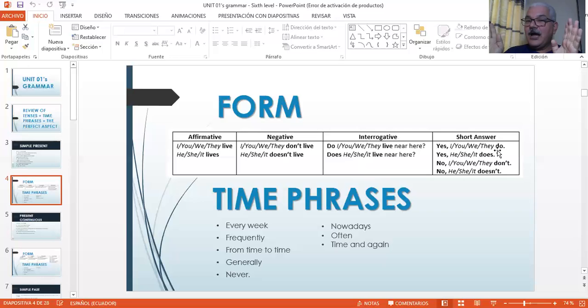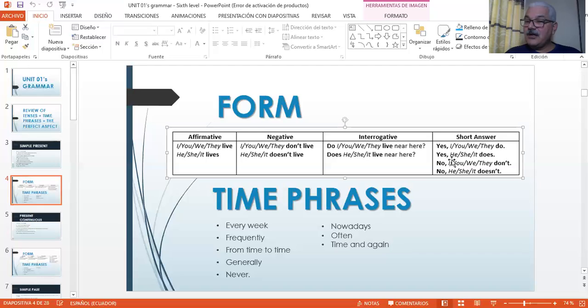Okay? That's why the short answer would be yes, the subject, and then the auxiliary. The same happens with the third person singular. Instead of using I, you, we, and they, we're going to use he, she, or it, and then the auxiliary does. We say, yes, he does.